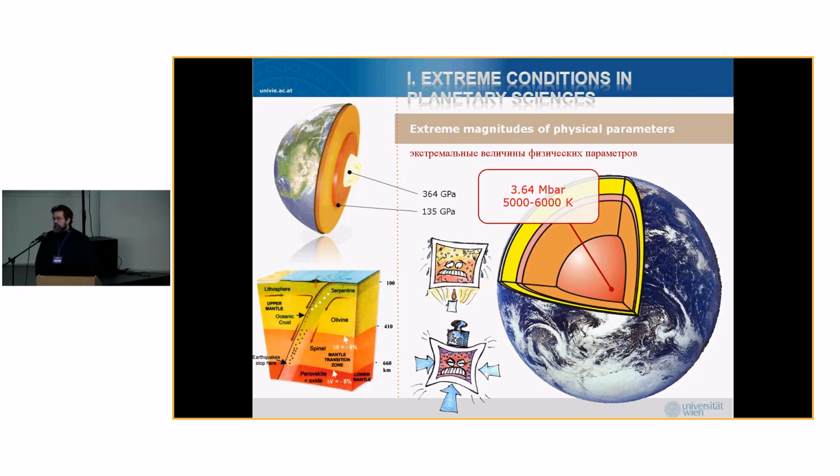That's what we can assume from our best models that we have established over the past few years. That is the temperature you can expect at the center of the Earth, and at the same time the pressure there is 3.64 million atmospheres. This is pretty well established because determining the pressure is much easier than the temperature. For the temperature, there is a much higher uncertainty.